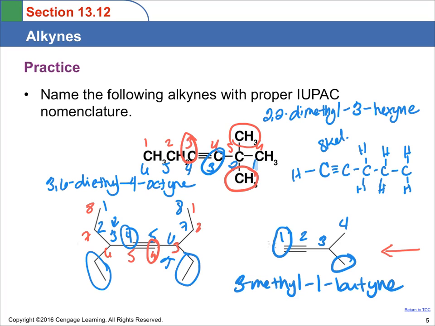For positional, we still have to keep the carbons in the same connectivity. The triple bond was originally here, so we need to ask ourselves, can we put the triple bond in this location? If you count, you've got 1, 2, 3, 4 bonds on this carbon. If we look at this carbon, we've got 1, 2, 3, 4, 5.